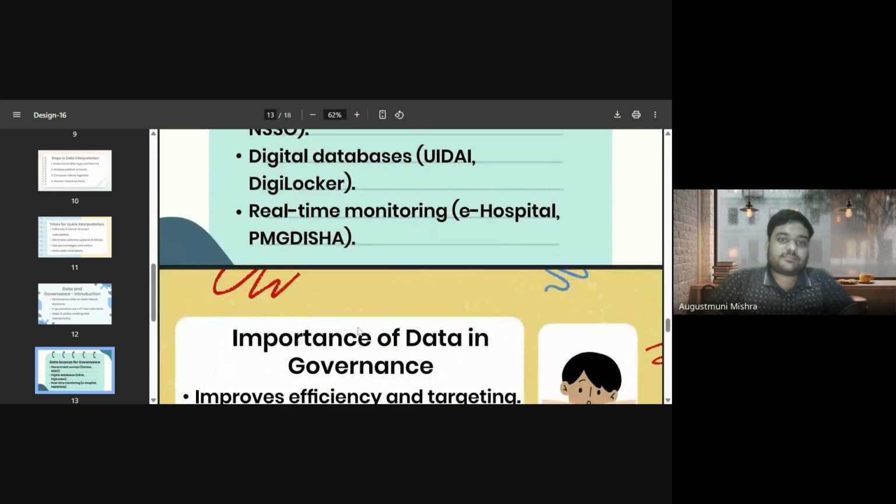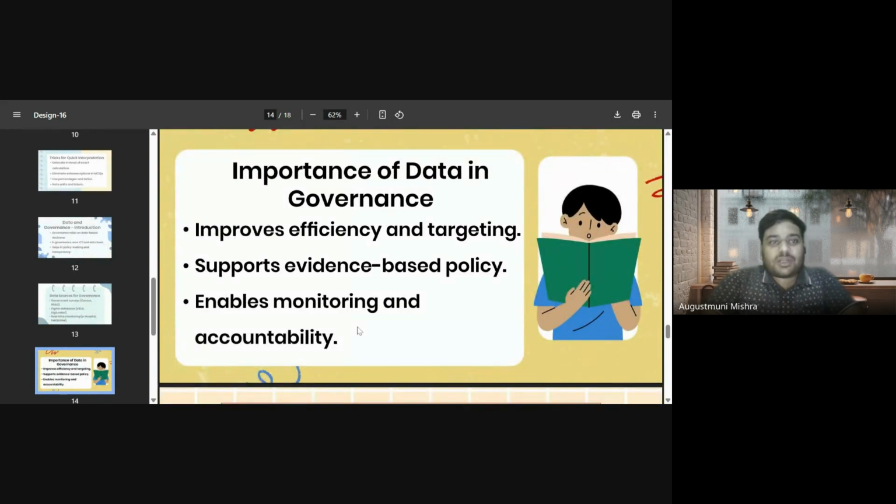Now, what is the importance of data in governance? Without data, if you make any policy, sometimes that policy is going to crash. For example, if you know there is corruption in a scheme and you do not make the policy on the basis of the data you received on corruption, it will fail.